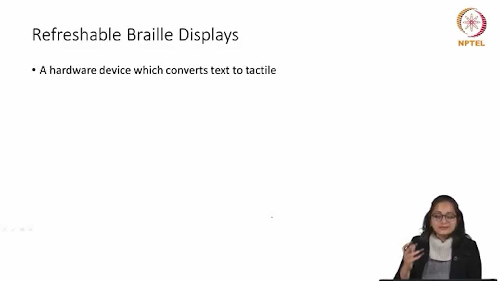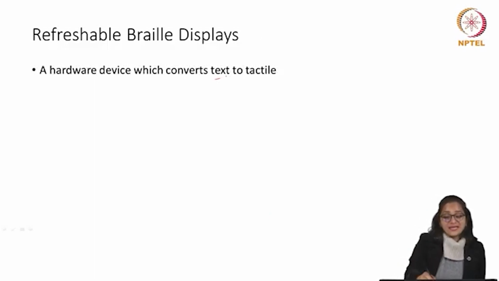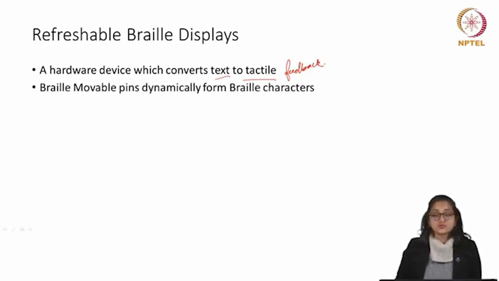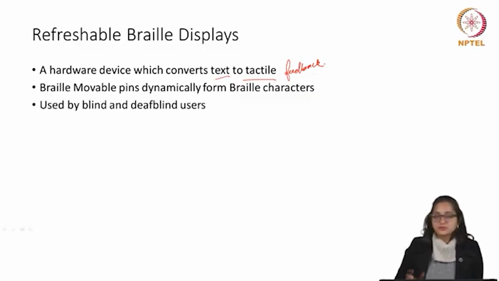So basically, it's a hardware device that converts text into tactile feedback, and it enables interaction for persons who are blind. Braille movable pins dynamically form braille characters. It is used by blind and deafblind users.